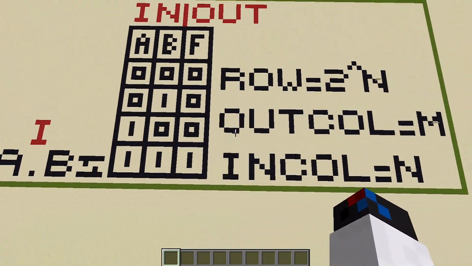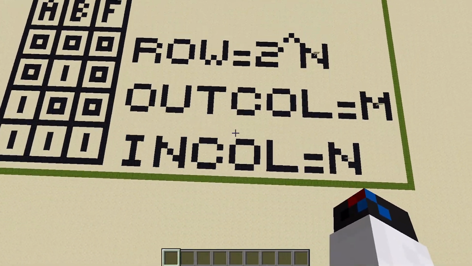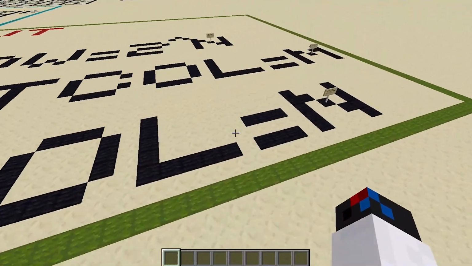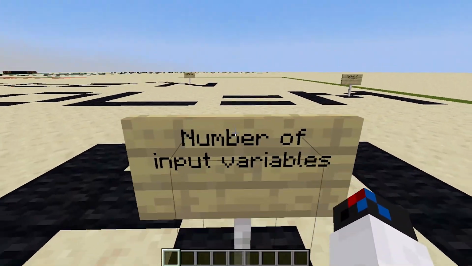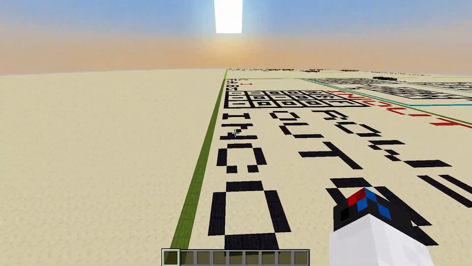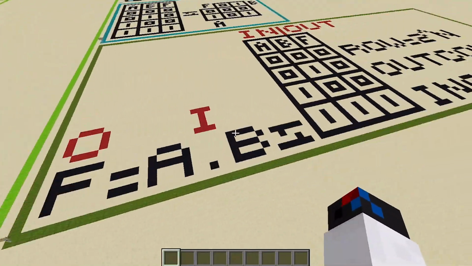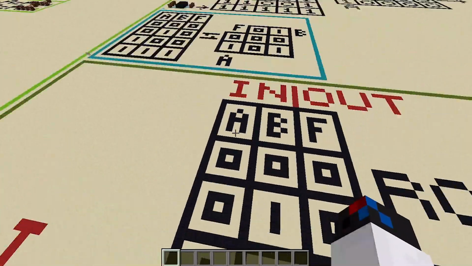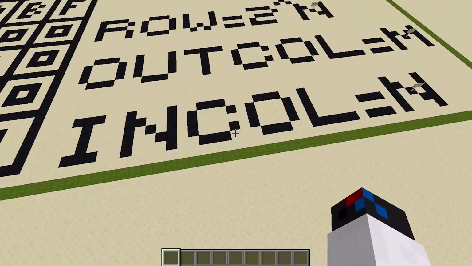In order to construct a truth table, you need to follow these three rules. First, let's talk about the input columns. The number of input columns is equal to n, where n is the number of input variables. In this example, we have two variables at the input, so we're going to have two columns, column A and column B. That is the input columns.